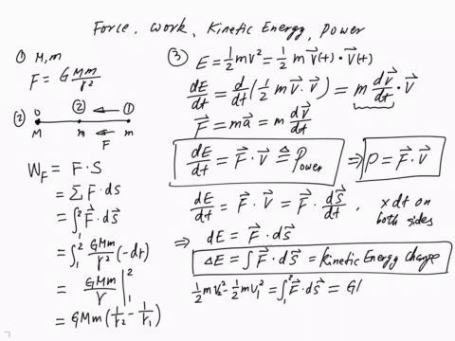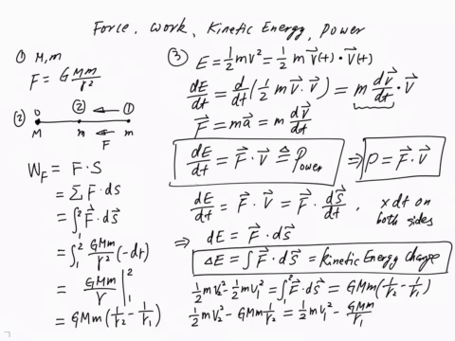We already know the result of this, G m M times (1 over r2 minus 1 over r1). If I move things into the same place, then we say 1/2 m v2 squared minus G m M over r2 equals 1/2 m v1 squared minus G m M over r1.